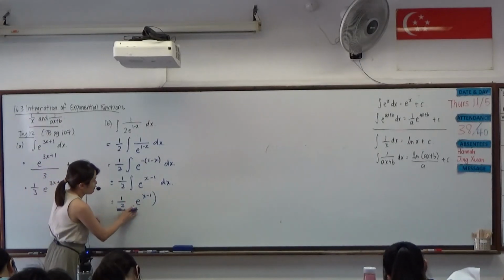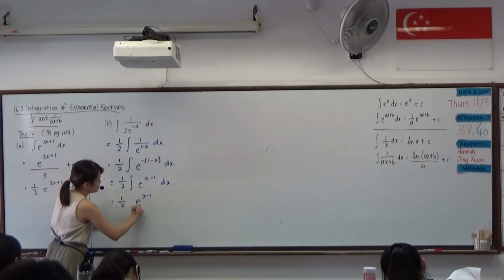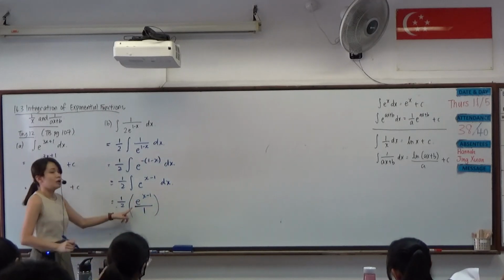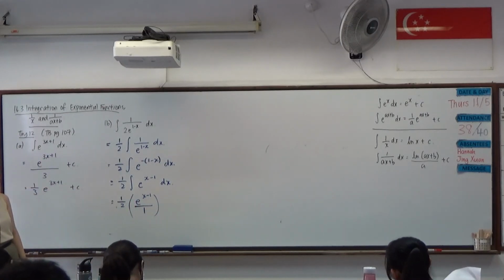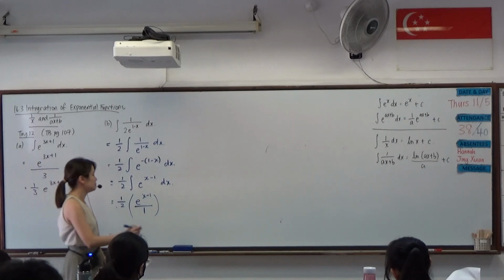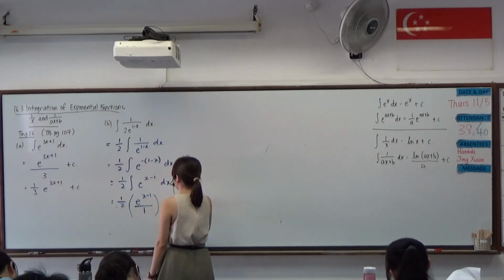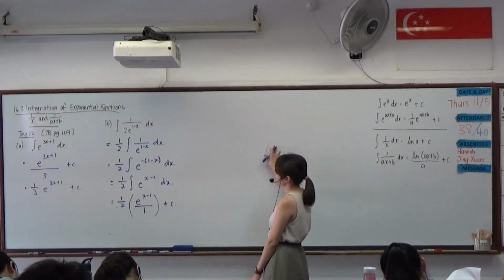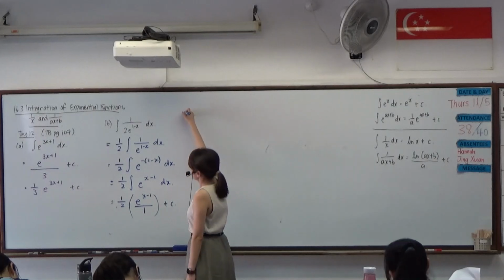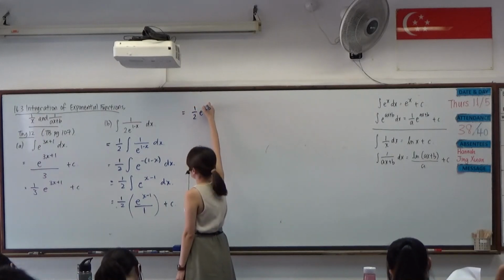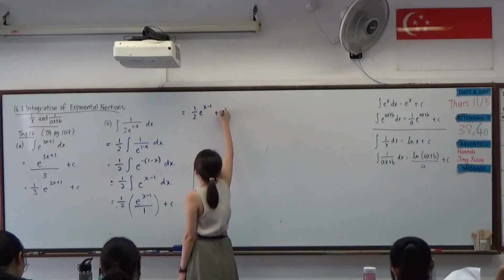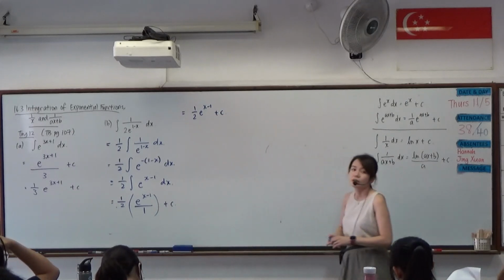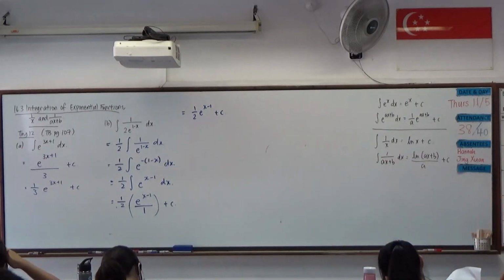So maybe I'll just be a bit more intentional. But we know that dividing by 1 keeps it the same. And not forgetting to plus c. So you can see our answer as this.